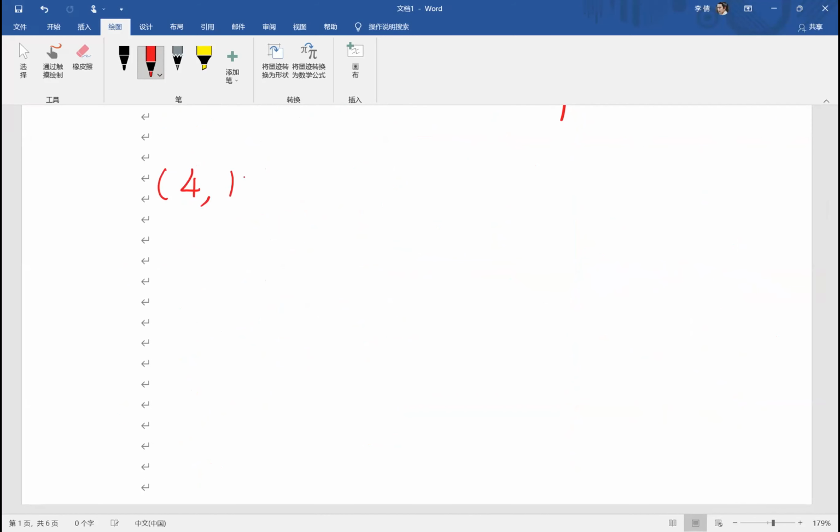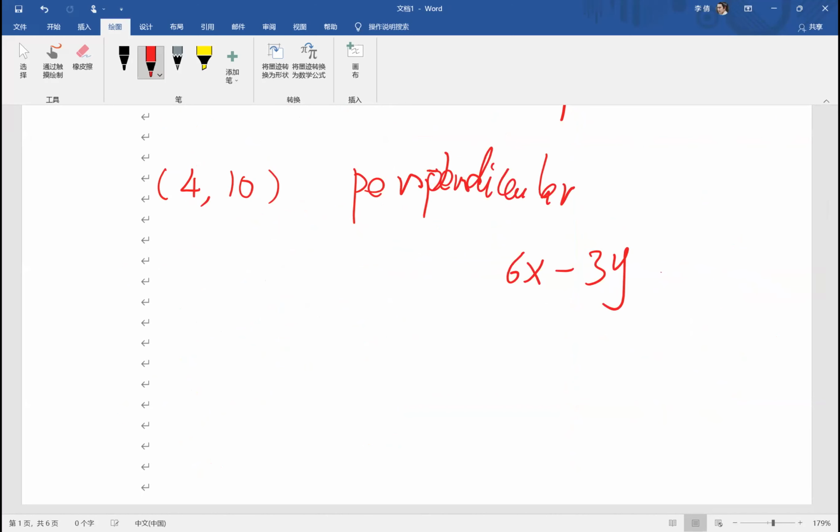Okay, and we see the next one. The next one is the line that passes through the point (4, 10), and it is perpendicular to the line 6x - 3y = 5.